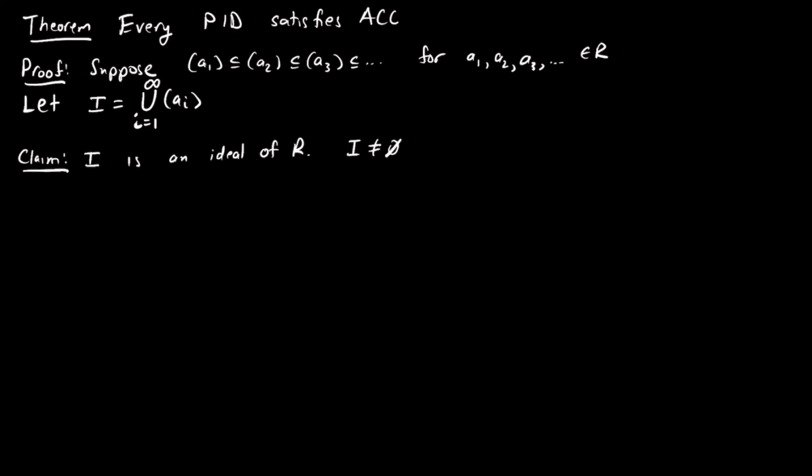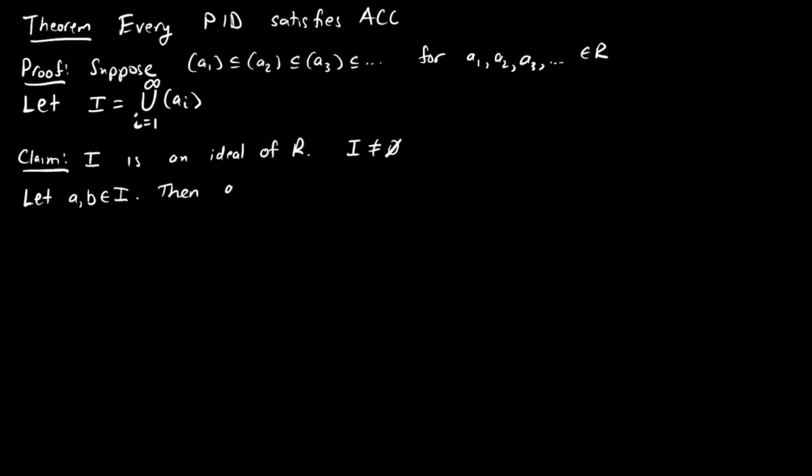So now to show that I is an ideal, I need to show that I is closed under subtraction, and I need to show that I absorbs elements of R under multiplication. So let's check that. Let a and b be elements of I. We'll check that it's closed under subtraction first. Well, what do I know?